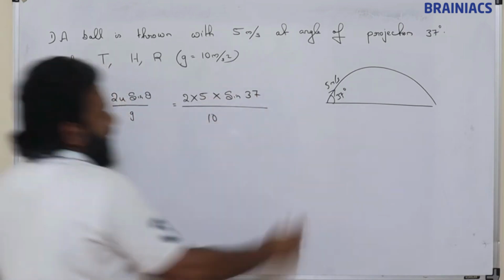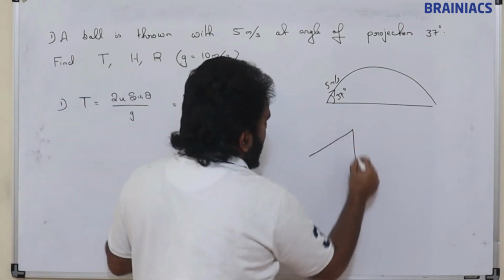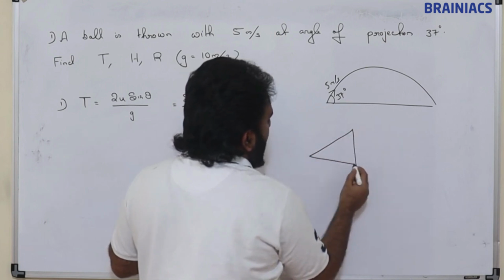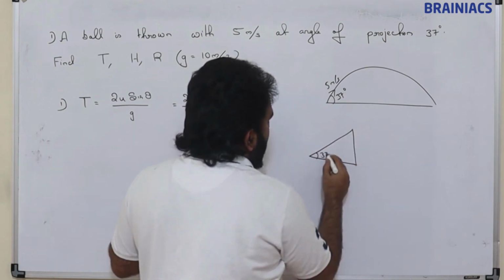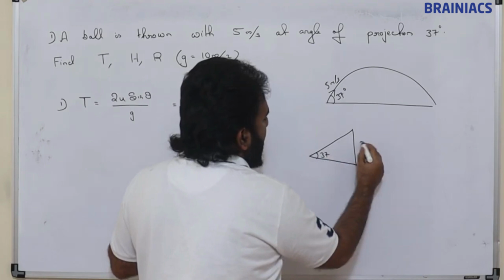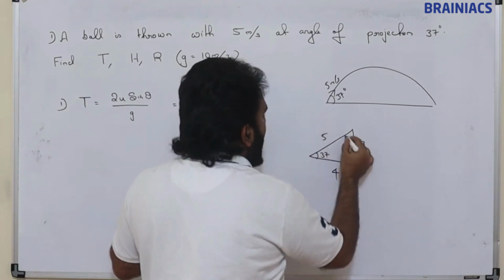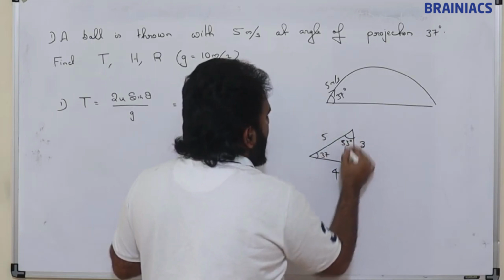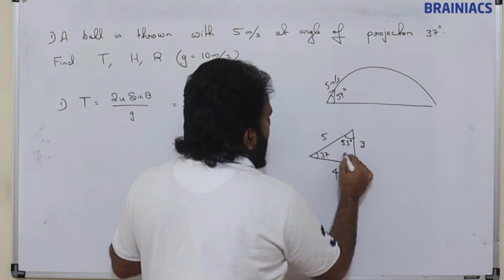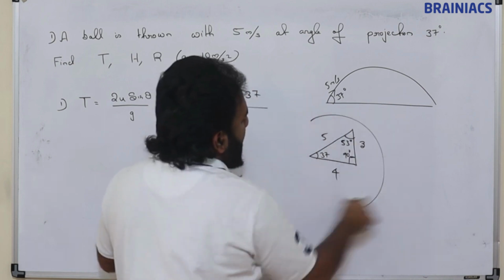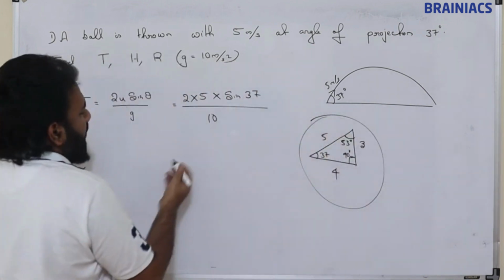How to deal with sin 37, sin 53, cos 37, cos 53, I have already discussed. Once again I am repeating, if this is 37 degree, this side will be 3, this side will be 4, this side is going to be 5, then this is going to be 53 degree, and here this is 90 degree. Remember this triangle, it will come.